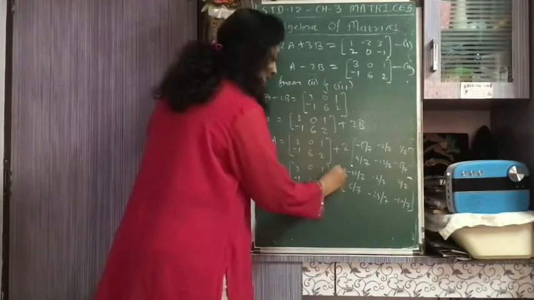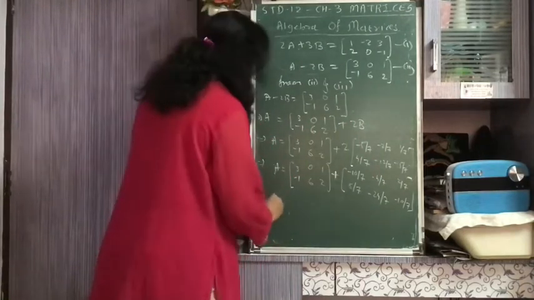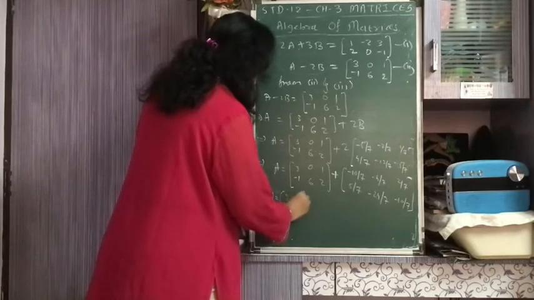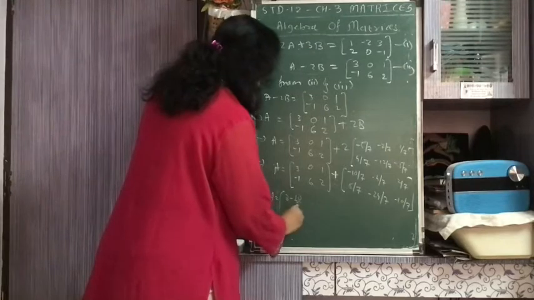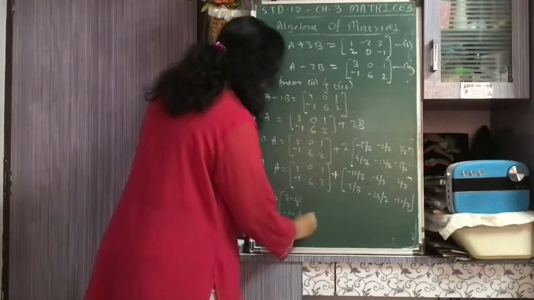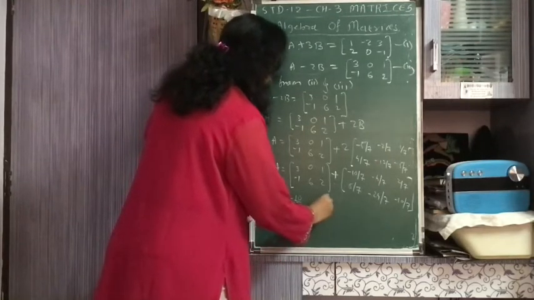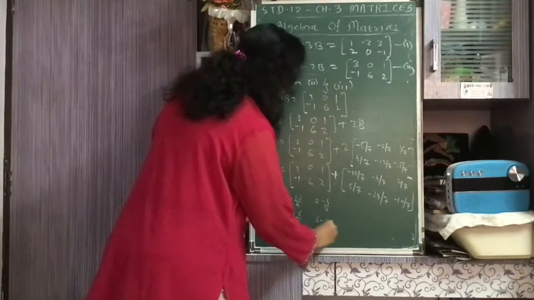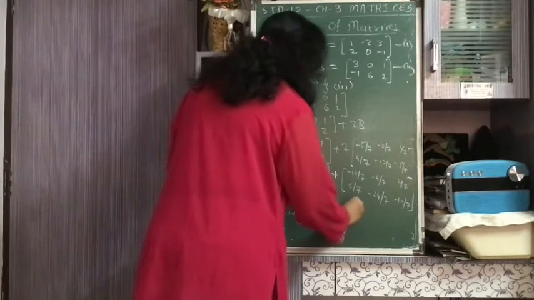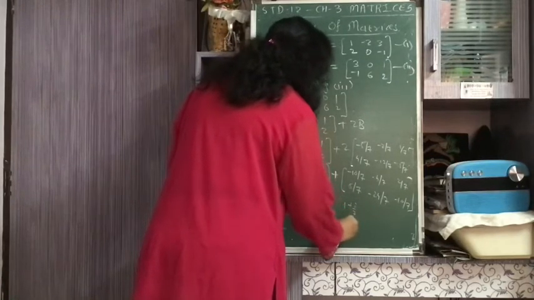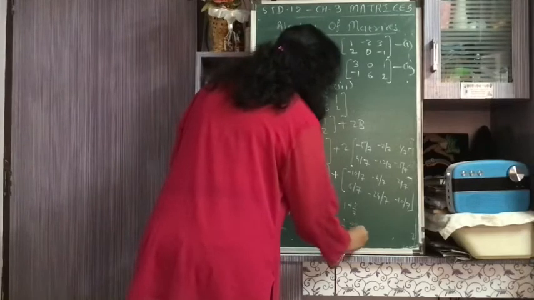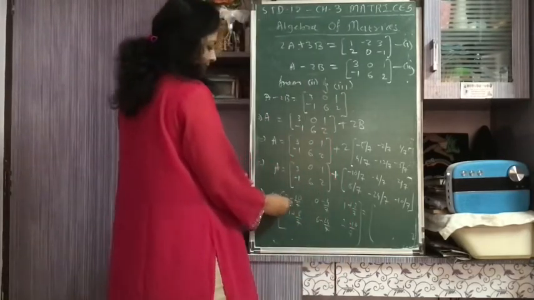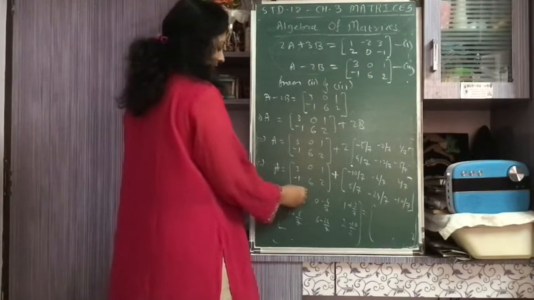Now the plus sign between the two, so we have to add the corresponding elements. So it will be 3 minus 10 by 7, minus 1 plus 8 by 7, second column element, 0 minus 4 by 7, 6 minus 24 by 7, third column element, 1 plus 2 by 7, 2 minus 10 by 7. On taking LCM and simplifying, 7 3s are 21 minus 10.